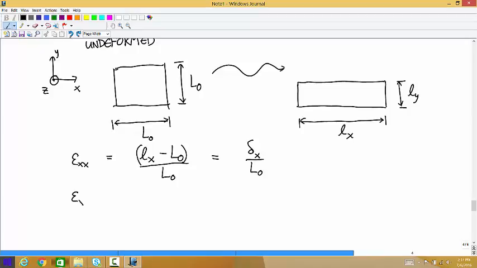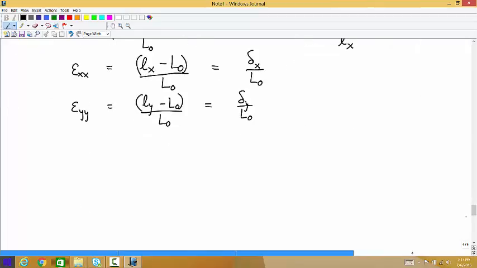Epsilon yy is Ly minus L sub 0 over L sub 0, or delta y over L sub 0. And epsilon zz is lowercase l sub z minus L sub 0 over L sub 0, or delta z over L sub 0. So that's the definition of the normal strains.